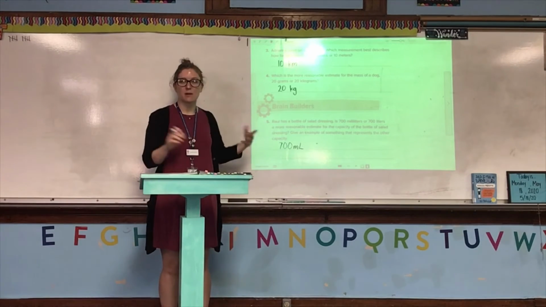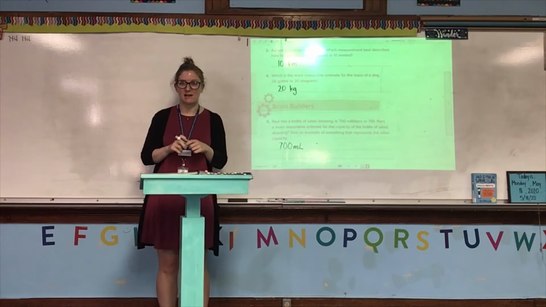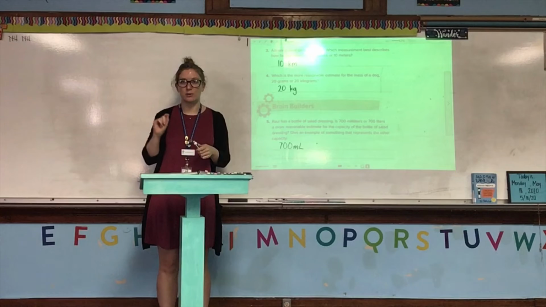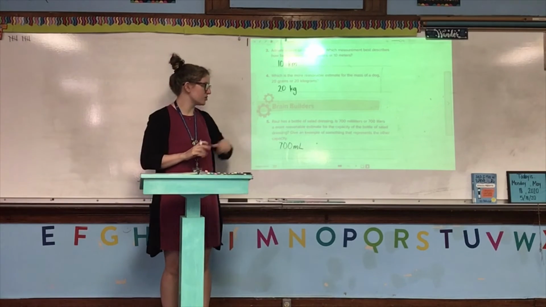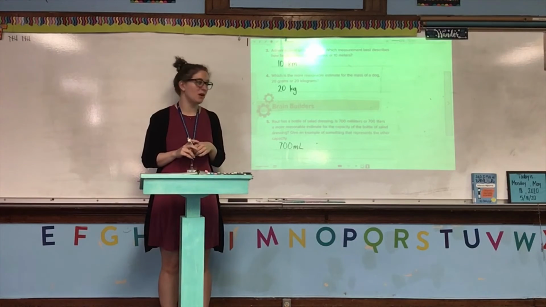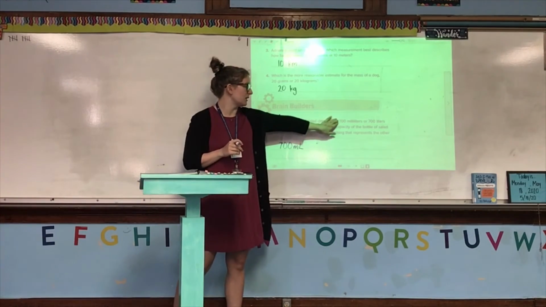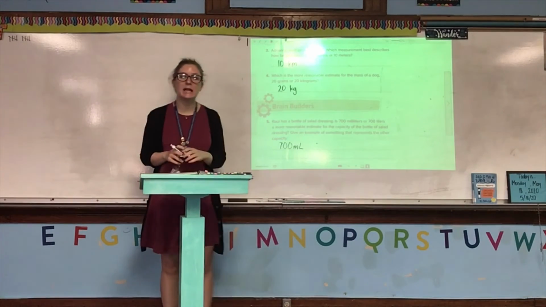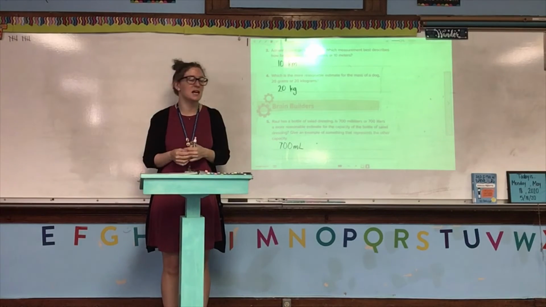Now we're going to do this second part right now. Give an example of something that represents the other capacity. So what I want you to do is real quick, with your red pen, write an answer to that second question. Give an example of something that represents the other capacity. So not 700 milliliters, but 700 liters. So right now, pause this video. Remember, I will be looking to make sure that this is done.